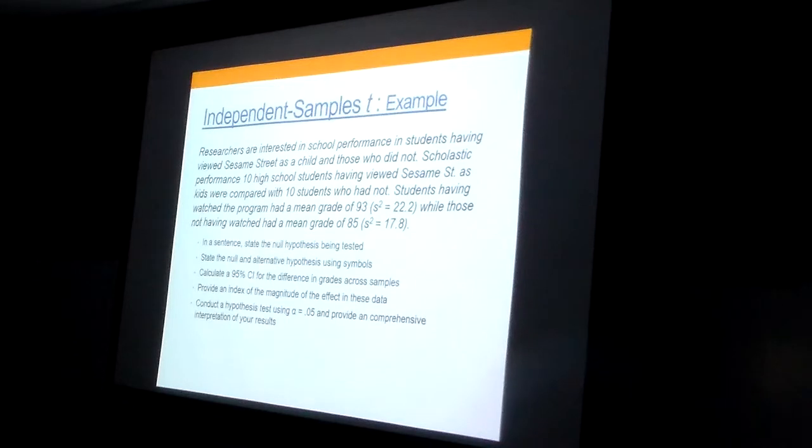So in this case, we're going to have 9, that's 10 minus 1, times 22.2 plus 9 times 17.8, all over, what's our degrees of freedom? 18. I wrote 10, right? We're trying to pretend I wrote an 18. All right.